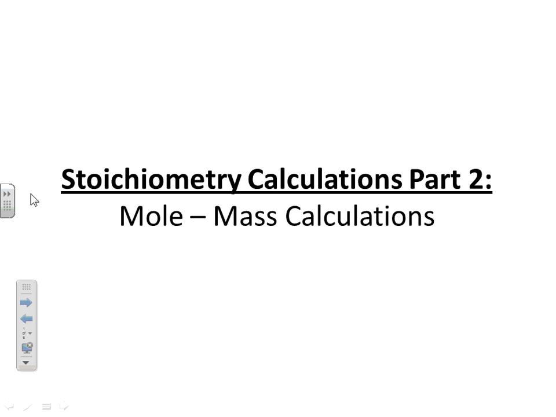Does anybody remember what that name was, that little calculation we did? The mole ratio. Excellent. So the mole ratio allows me to go from moles of one thing to moles of another. And all I got to do is set up that ratio, right? X over 3.5 equals 2 over 1, depending on what the substance was. And those numbers come from the coefficients, the big numbers, in our balanced chemical equations.